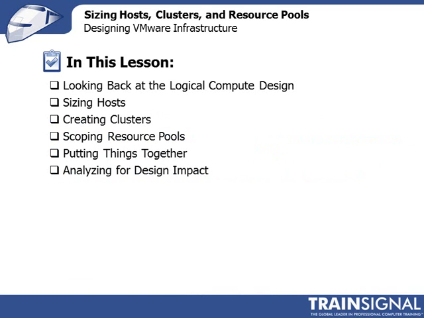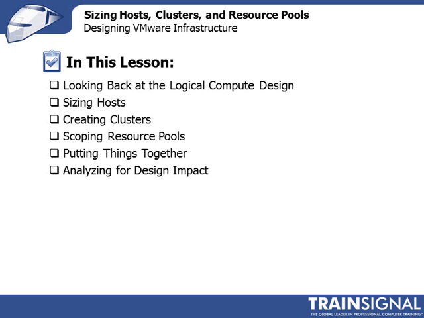This lesson is the culmination of a series of lessons discussing the translation of a logical design into a physical design. In this lesson, we're first going to take a look back at the logical compute design and review the information that was created and discussed there. From there, we're going to move into sizing our hosts and discussing strategies for how we do that.